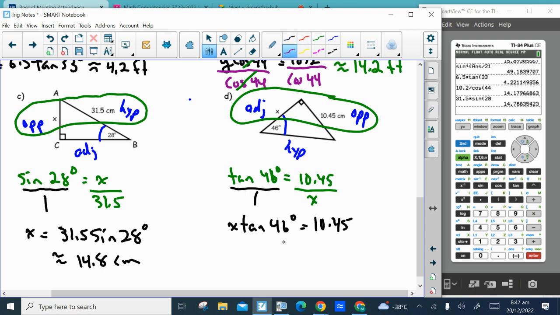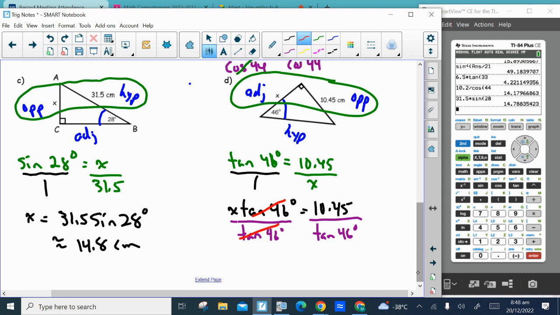And then to get x by itself, we would divide both sides by tan 46. And they cancel on the left, and now we have x by itself.